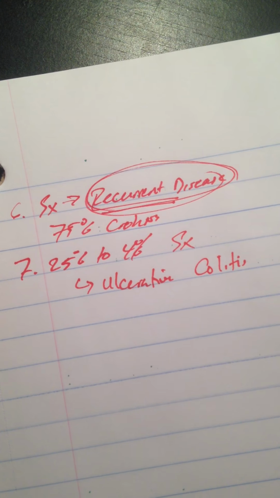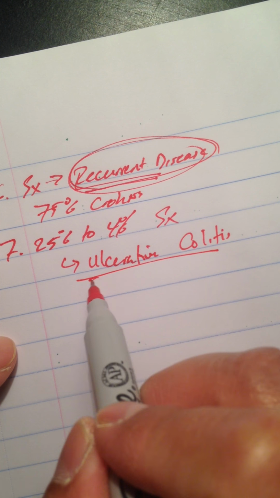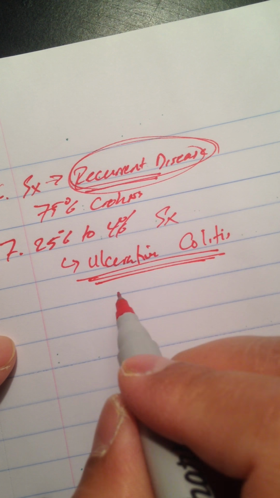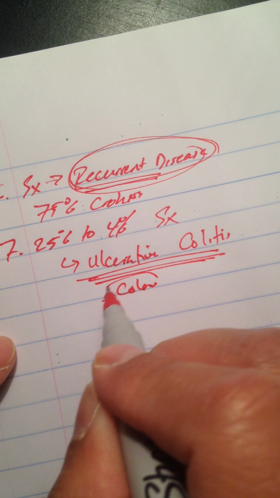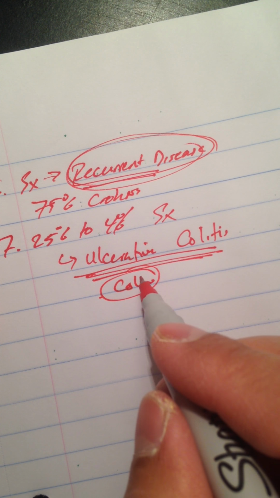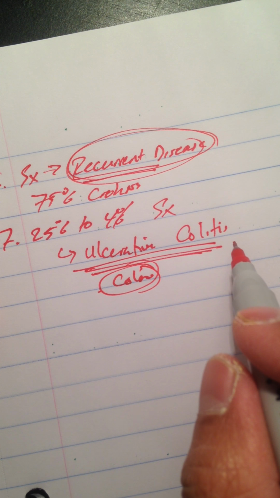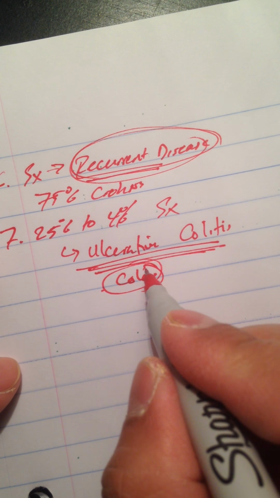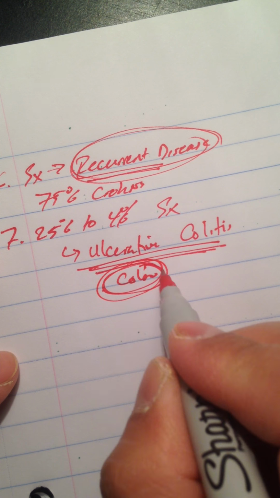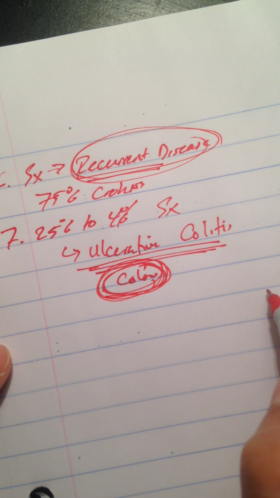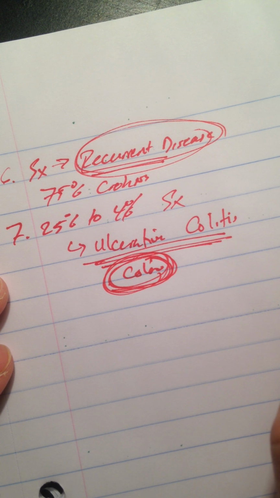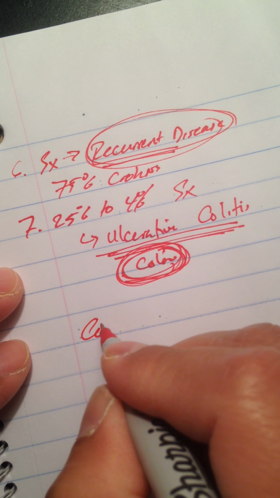Now, typically, again, in ulcerative colitis, this is a problem of the colon. So we'll get into that here in just a little bit. Now just think about this. The colon is affected, and if a surgery is performed, typically what will happen is the colon will be removed.